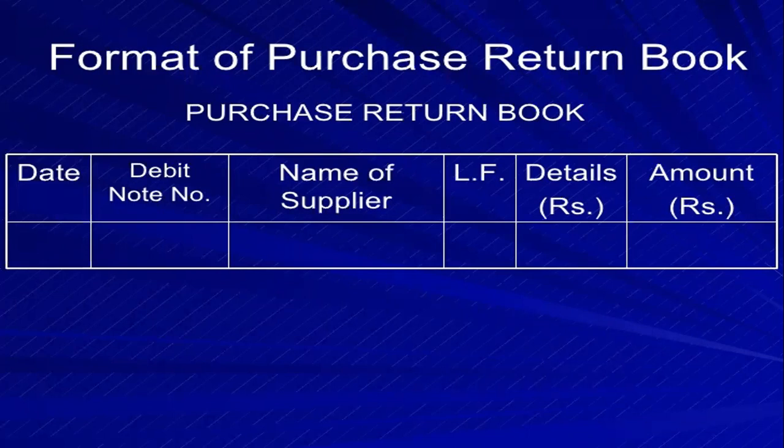And that evidence is called a debit note. Whenever we have a purchase return, we will prepare a debit note for the creditor. That means that amount we will not be paying at the time of payment of the credit purchases. We are not paying because we have already returned the goods.